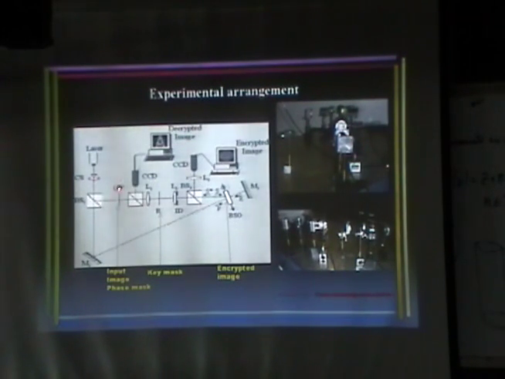Here is the object at the first random mask. This lens produces a Fourier transform onto the key mask. This second lens produces a second Fourier transform onto the storage medium, which is the photorefractive crystal, and you get there the encrypted image.